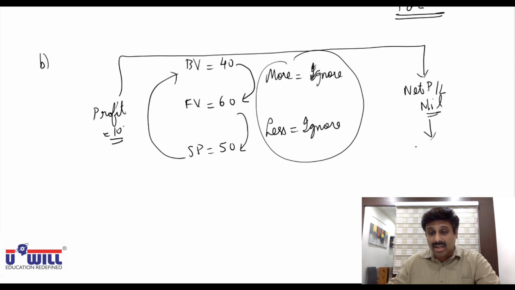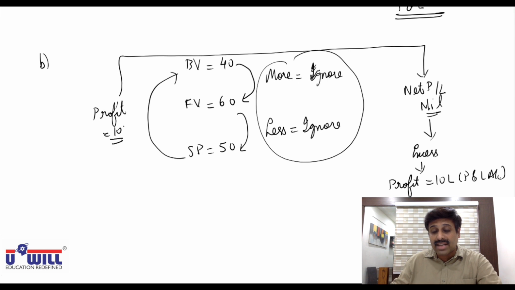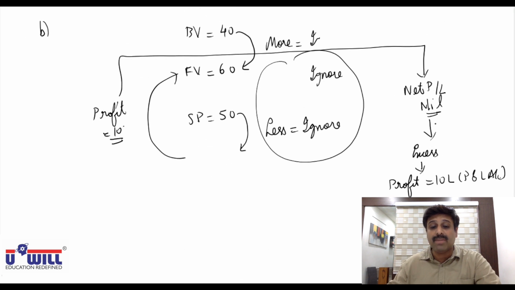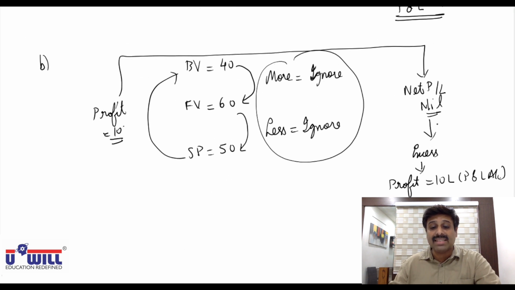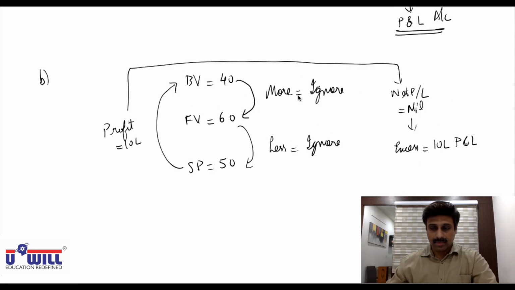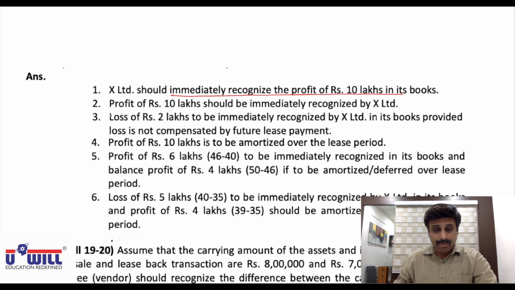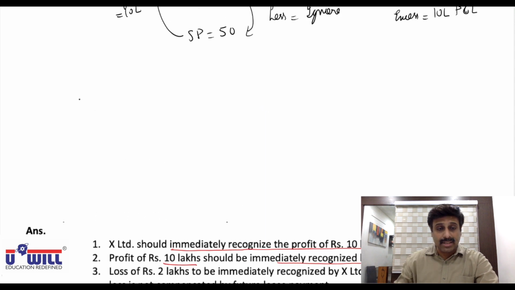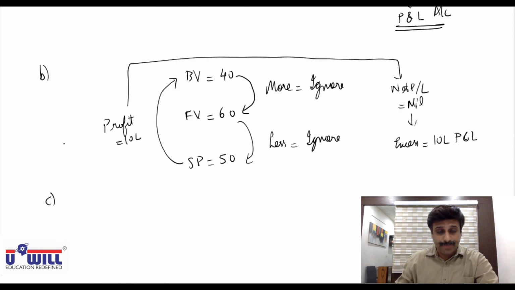If it is excess, then being a profit, you take the entire 10 lakhs to P&L account immediately. See again in the solution, the treatment remains exactly the same as the first one. Profit of rupees 10 lakhs should be immediately recognized by X Limited. Now look at the third situation.